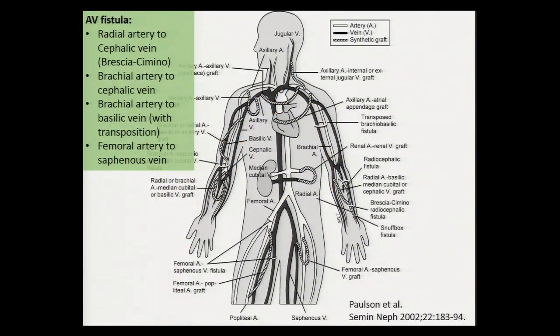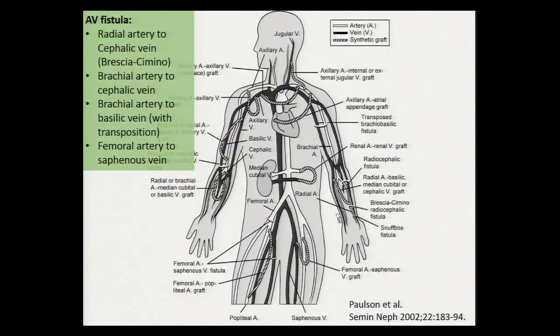The reason is, if the fistula becomes dysfunctional down the line, you can go up, and while the fistula is working, there are secondary fistulas developing in the upper arm, so the veins are getting large flow and getting bigger, so that if the radiocephalic fistula fails, the surgeon can go back to the upper arm and fairly quickly create a fistula with a vein that's already big and matured.